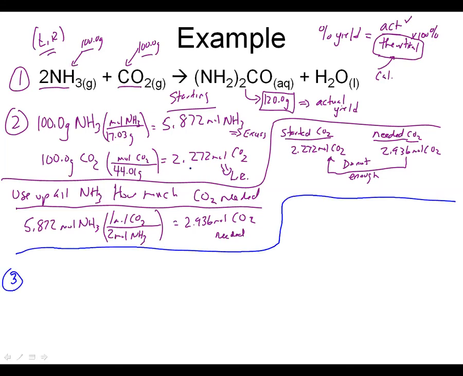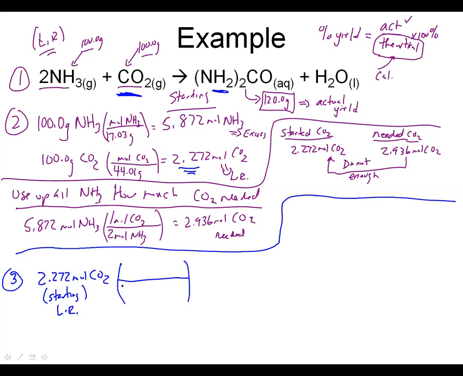Again, we want to use our limiting reagent, the starting amount, to do this calculation, 2.272 moles of CO2. Now we can actually figure out how much product. It's the same relationship: our limiting reagent, CO2, is 1, and our product is 1.